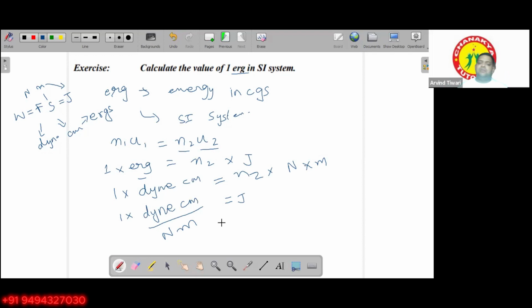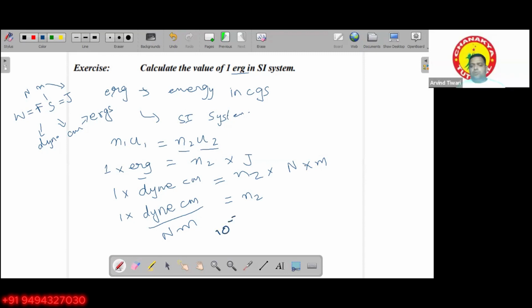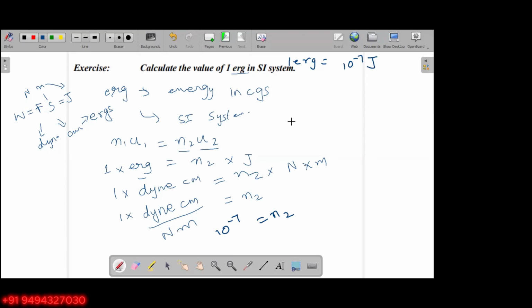Is everyone getting the same thing? 1 by 10 to the power 7. So can I write 1 by 10 to the power 7 as 10 to the power minus 7? Yes. So I can write 10 to the power minus 7 equal to N2. So I have got my answer that 1 erg will be equal to 10 to the power minus 7 joule.